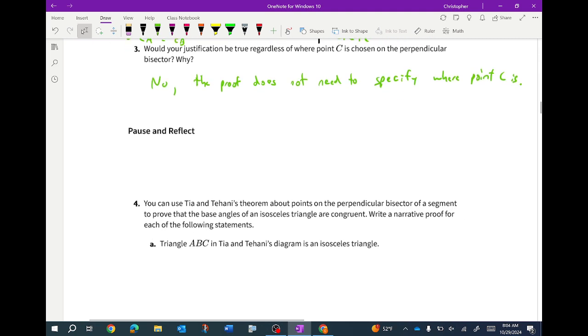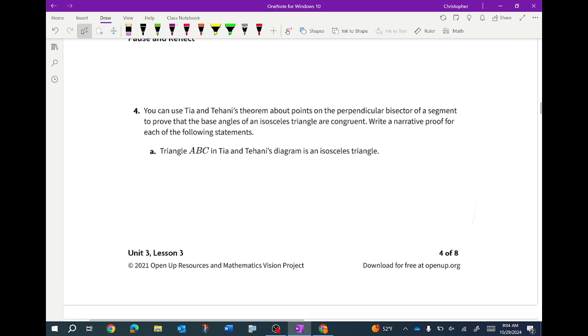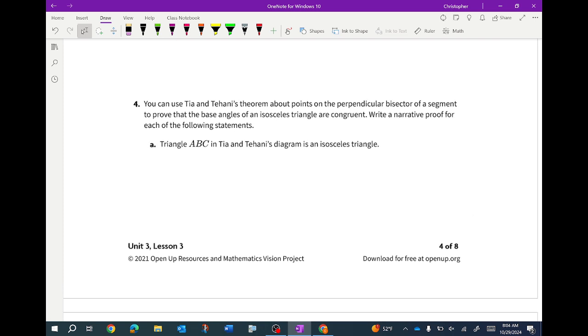Okay, last questions here. You can use Tyrone and Tahani's theorem about points on the perpendicular bisector of a segment to prove base angles of an isosceles triangle are congruent. Write a narrative proof for each of the following statements. Triangle ABC in Tyrone and Tahani's diagram is an isosceles triangle.